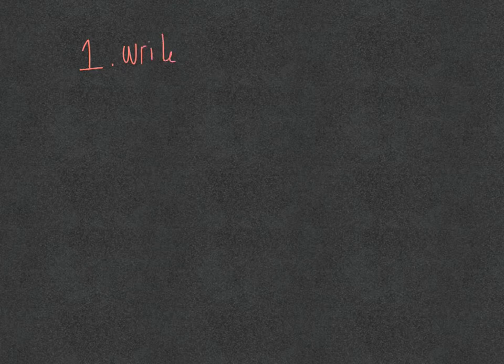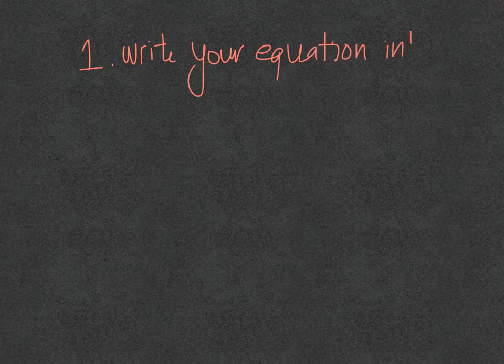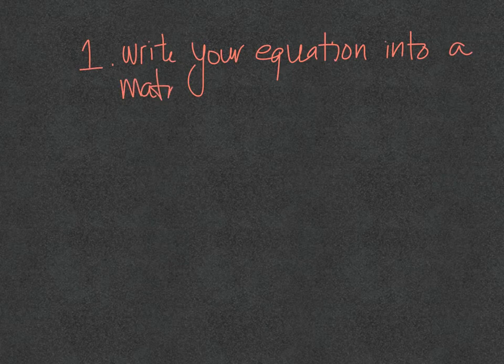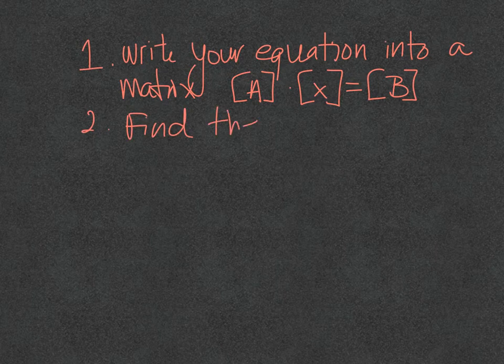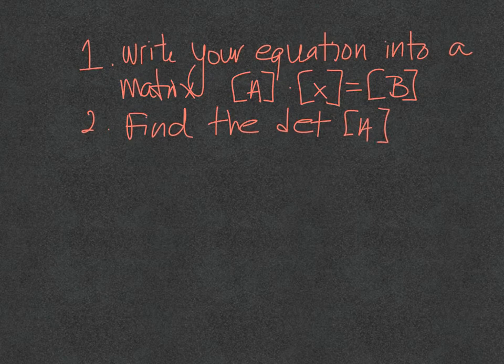Number one, you write your equation into a matrix, in the form of matrix A times matrix X equals matrix B. Step number 2, find the determinant of matrix A. Then find the inverse using the determinant.